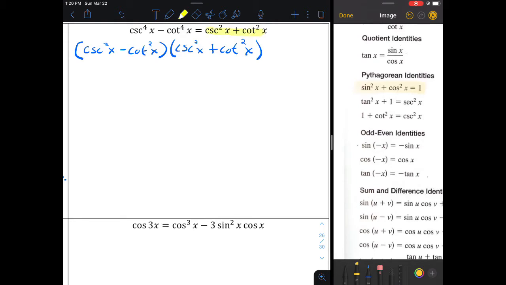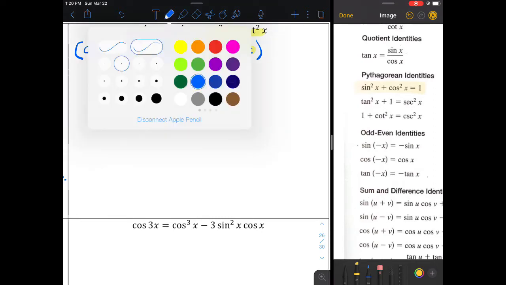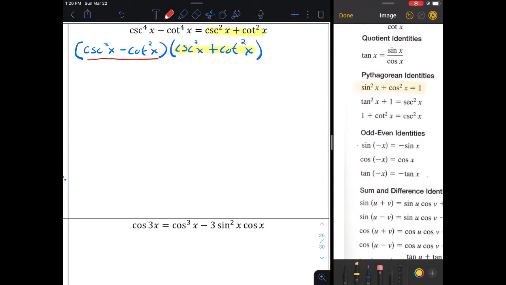Well, I have cosecant squared plus cotangent squared. And so I have what I want right here. So I'm only going to manipulate the other factor and see if I can't make all that go away and become a 1. And so to do so, we're going to refer back here to our Pythagorean identity. So we have cosecant squared and cotangent squared.